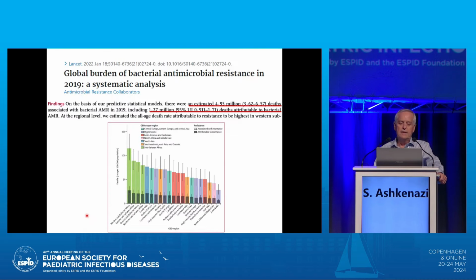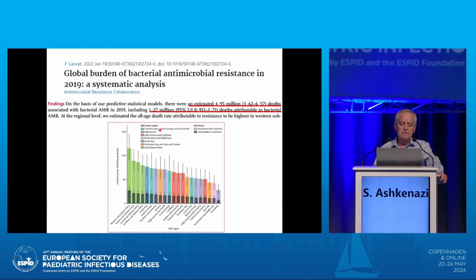Indeed, a very comprehensive systematic analysis of 204 countries concluded that each year there are an estimated 5 million deaths associated with bacterial resistance, of which 1.27 million are attributable to these resistant bacteria.